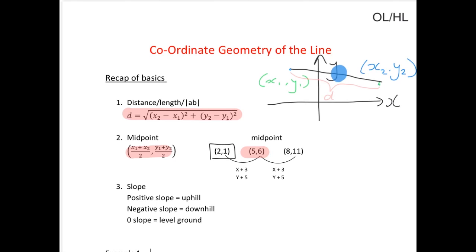So in the x, going from 2 to 5, we add 3, and going from 1 to 6, we add 5 to y. So we just do the exact same thing again, and we get 5 plus 3 is 8, and 6 plus 5 is 11. So the other endpoint of this line would be the point (8, 11).